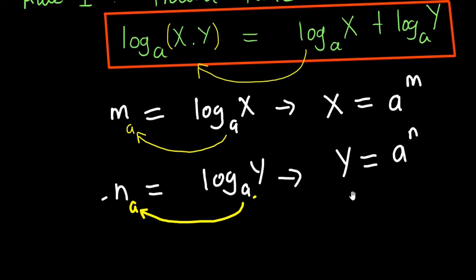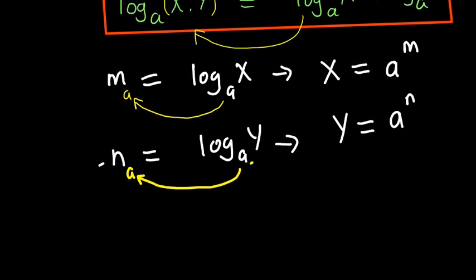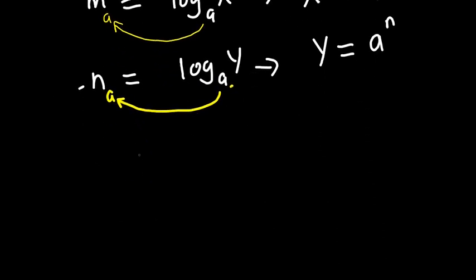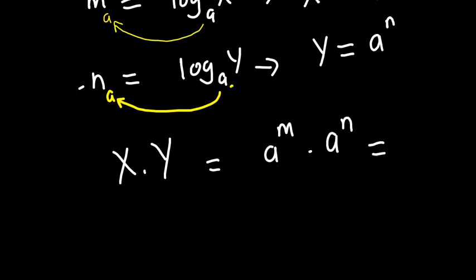So now we should multiply x and y. When we multiply x times y, which is the same as a to the m times a to the n, we can further simplify this expression as a to the m plus n, because by the laws of exponents we know that if the terms have the same base, a and a, we can add their powers, m and n.